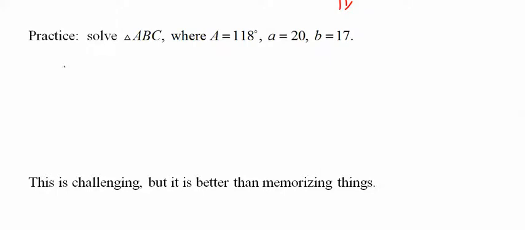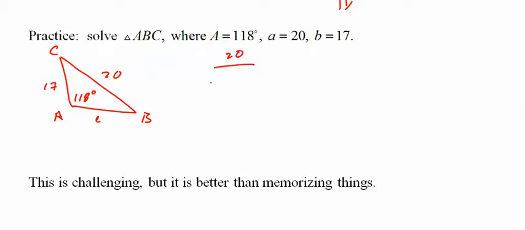So let's try it again. 118 degrees, A, 20, and we'll go with 17. 20 over sine of 118 degrees equals 17 over sine of B. B equals, and this one's going to work, sweet. 48.6 degrees.